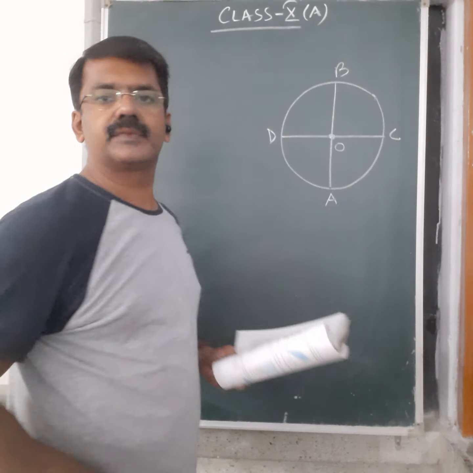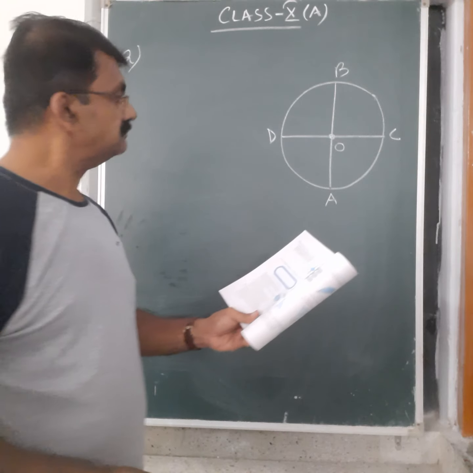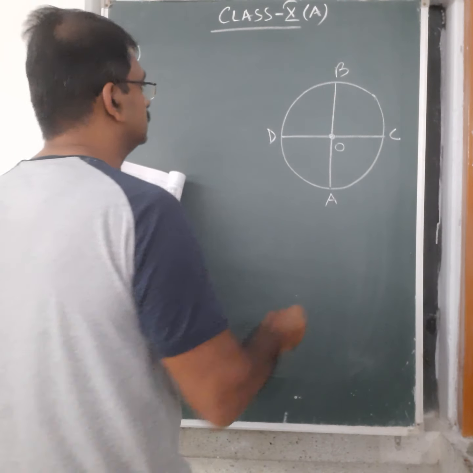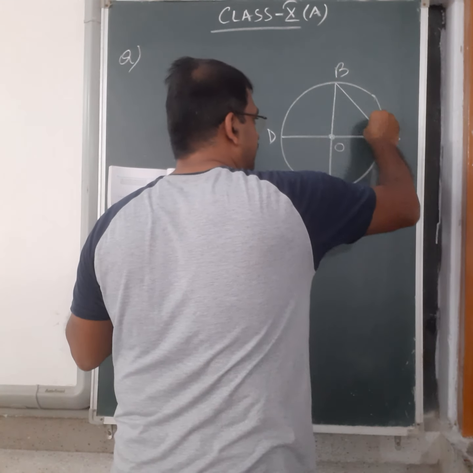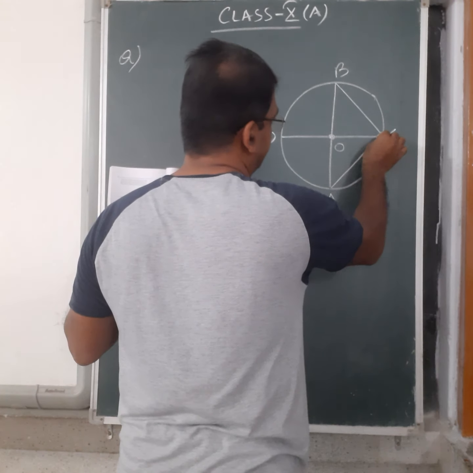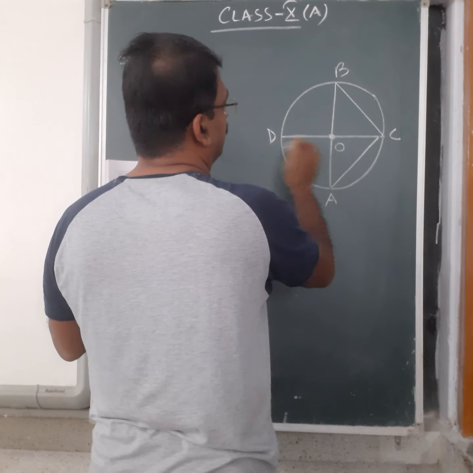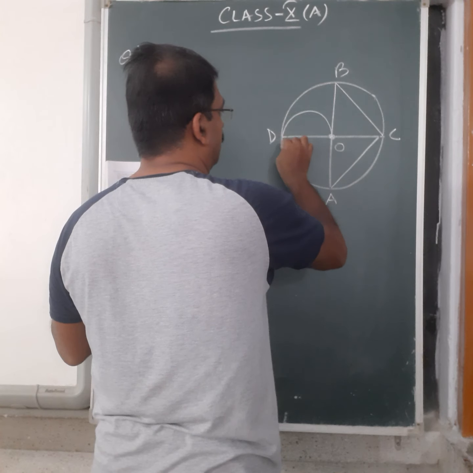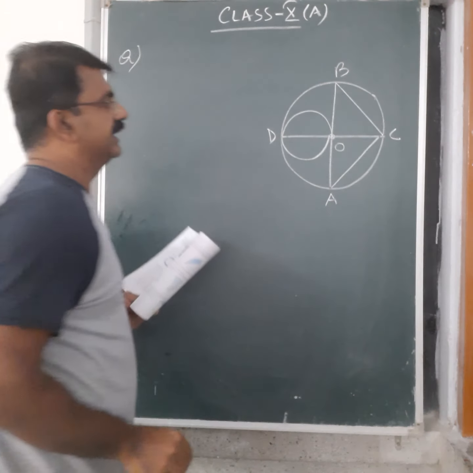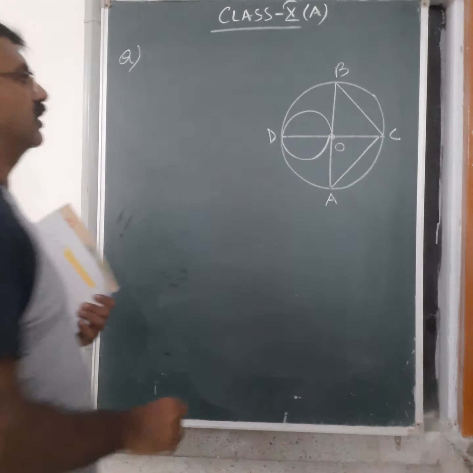O is the center. Now we have joined BC, we have joined AC, and another circle with OD as a diameter is also drawn like this. Taking OB as a diameter, another circle is drawn.